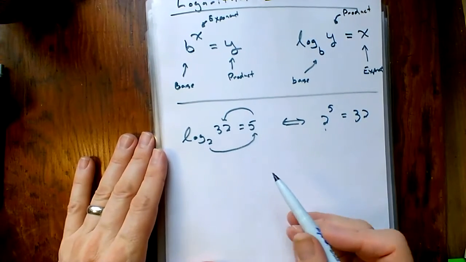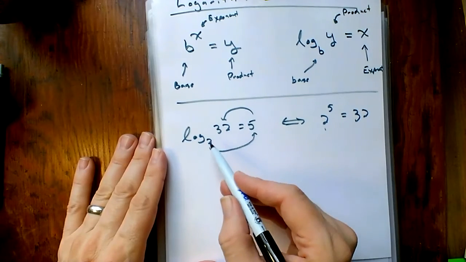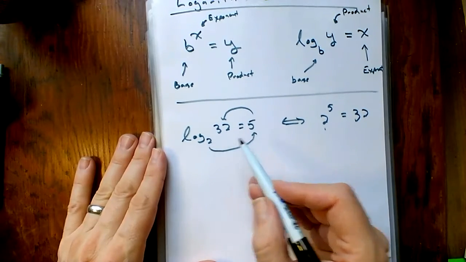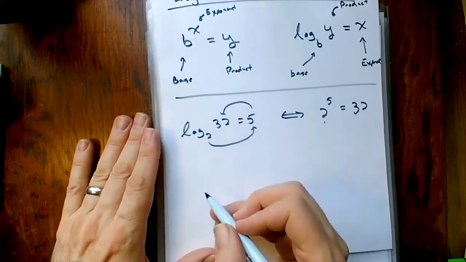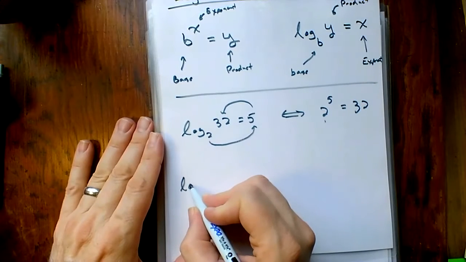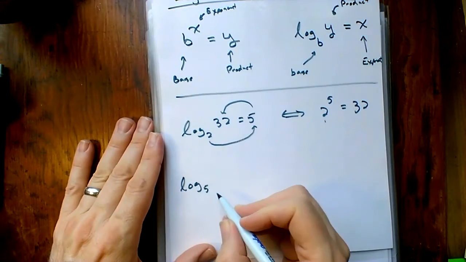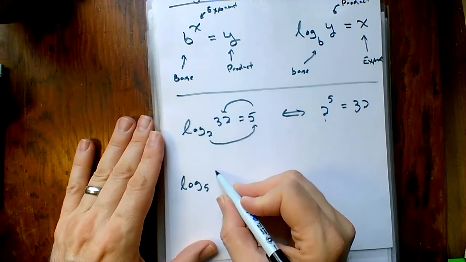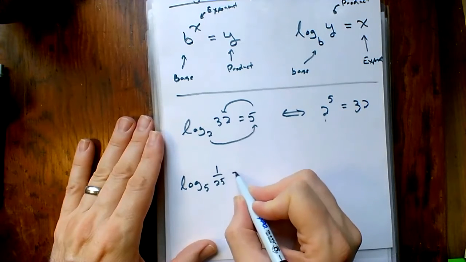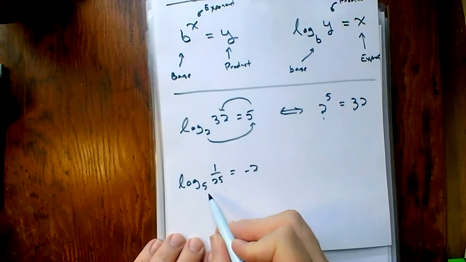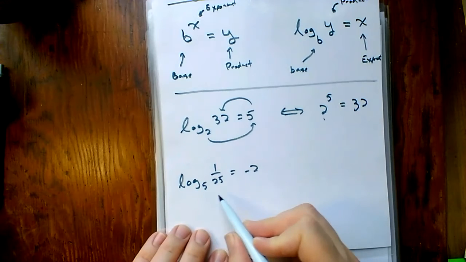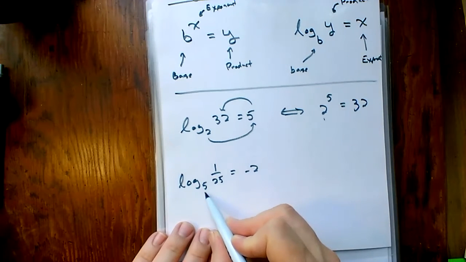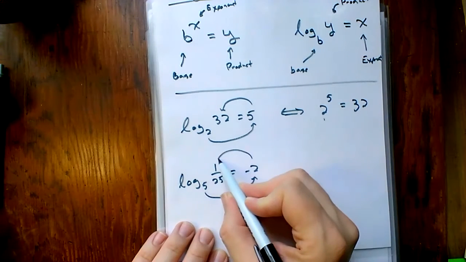And part of that is notice that you're always starting with the base. The base stays the same. So if I have log base 5 of 1/25 is equal to -2, the base stays the same. So no matter what, it's base to an exponent is product.